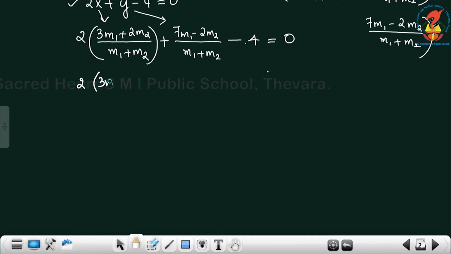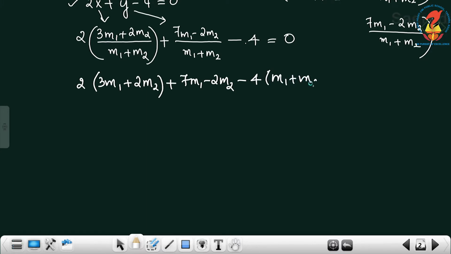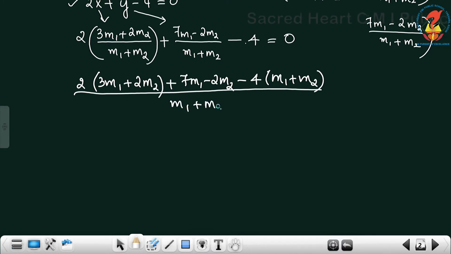2 into 3m1 plus 2m2, both the denominators are equal, plus 7m1 minus 2m2. If I take the LCM, 4 into m1 plus m2 by m1 plus m2 equals 0.